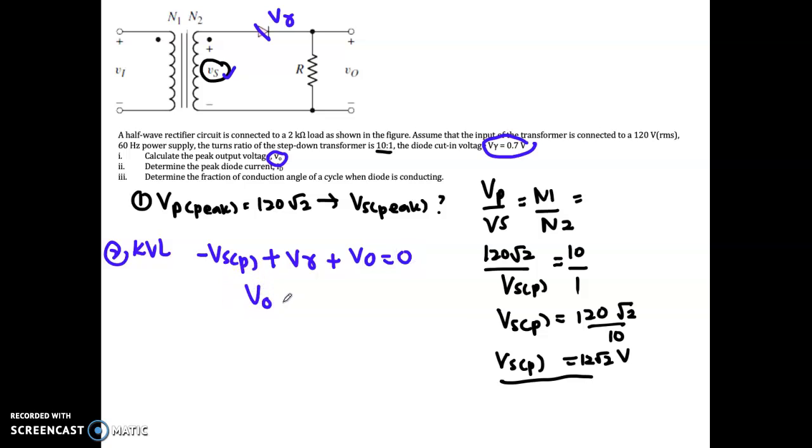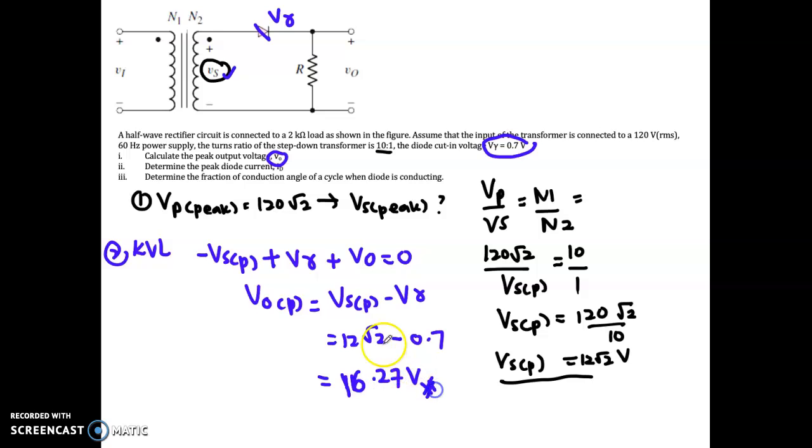So you can get your V out peak as Vs peak minus V gamma, that is 12 square root 2 minus 0.7, and then you get around 16.27 volt. So this is the answer for number 1.